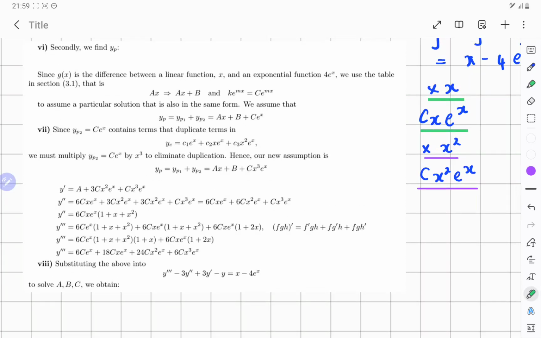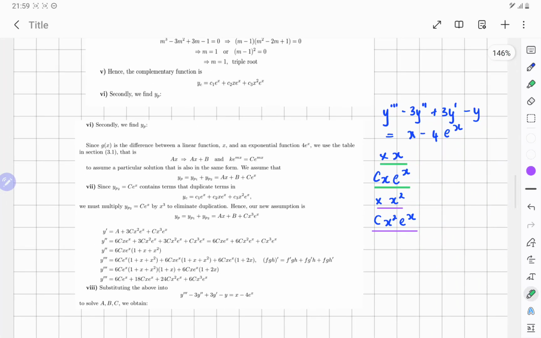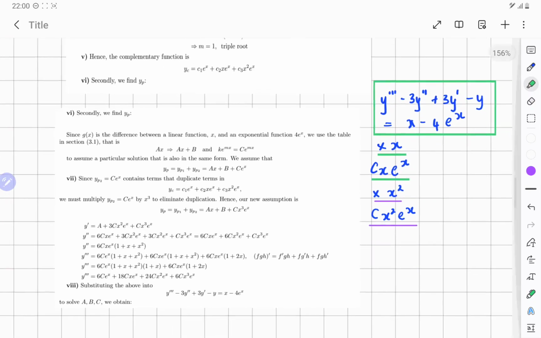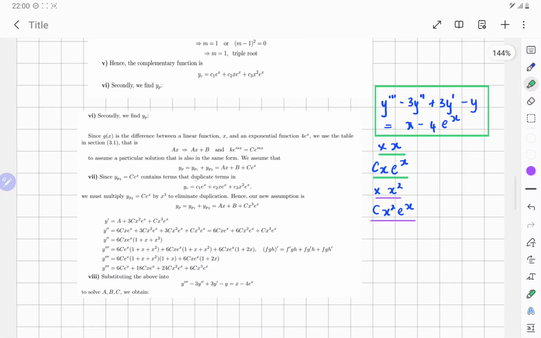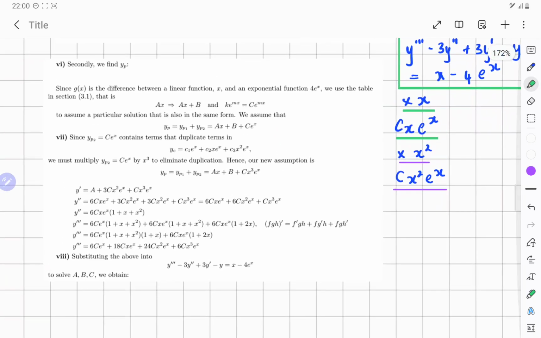Now, what do we always do in this case? We see from our question, here is our question, that if we substitute our y particular into that equation, on the left-hand side, we will get the right-hand side, since it is a solution to the differential equation. So what are we always going to do?